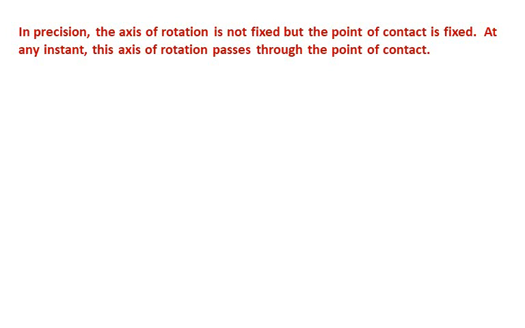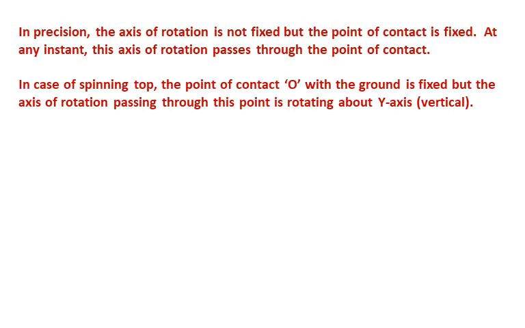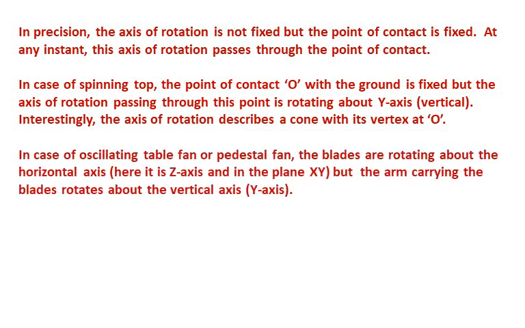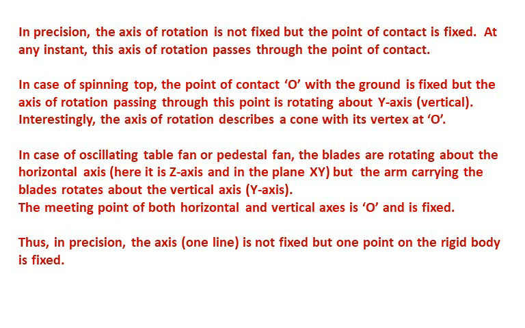For example, in the case of a spinning top, the point of contact O with the ground is fixed, but the axis of rotation passing through this point is rotating about the y-axis, and the axis of rotation describes a cone with its vertex at O. Similarly, in the case of the fan, you can say that in precession, the axis is not fixed, but one point on the rigid body is fixed.